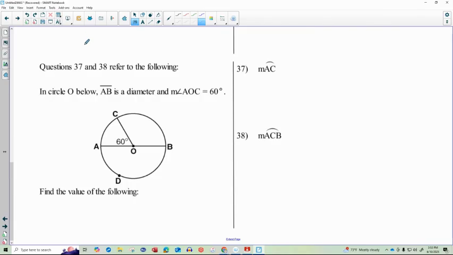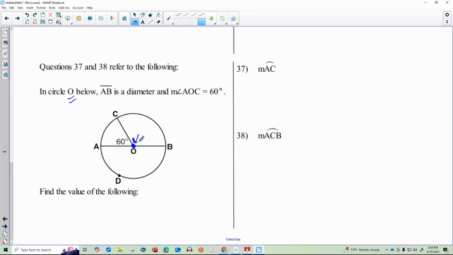All right, here we go. Back to circles. Now we're talking about angles and arcs. All right, I don't think this was crazy difficult here. So here we have a circle, a diameter of AOB, and this angle right here has its vertex as the center of the circle, right? Because that's the name of the circle, which means that this angle of 60 degrees has the vertex.